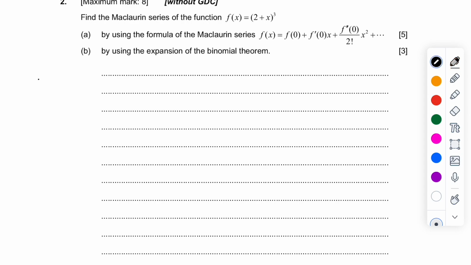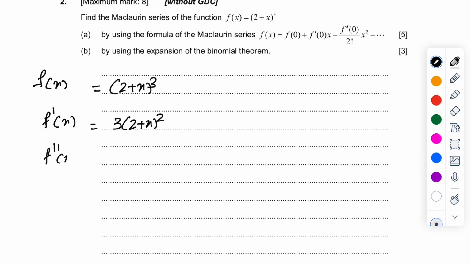So f of x is 2 plus x whole cube. Then first derivative becomes 3 times 2 plus x whole square. Then second derivative becomes 6 times 2 plus x. And the third derivative becomes 6.